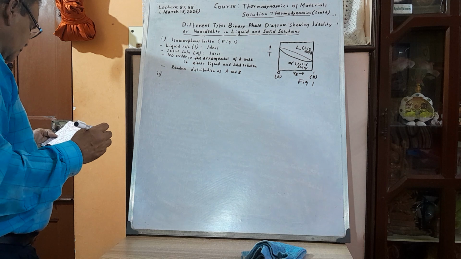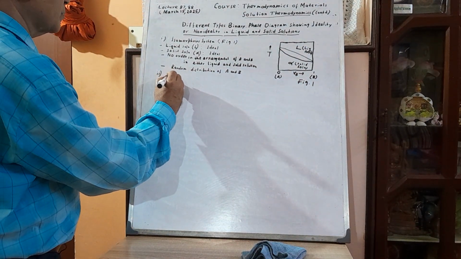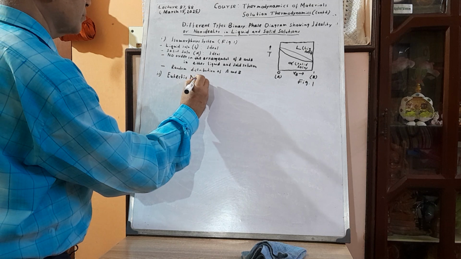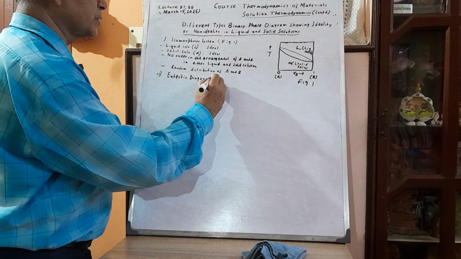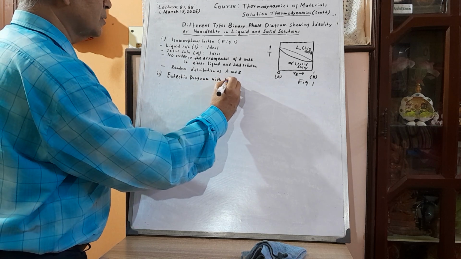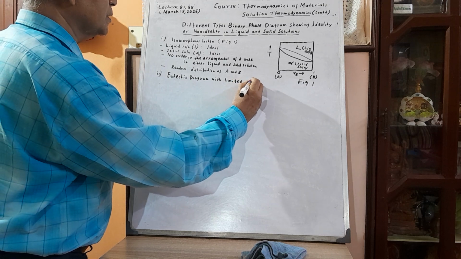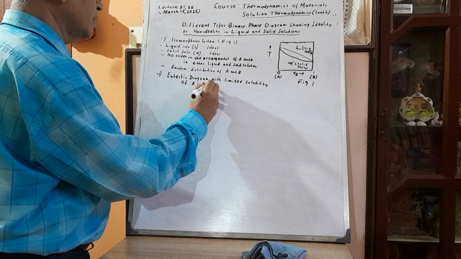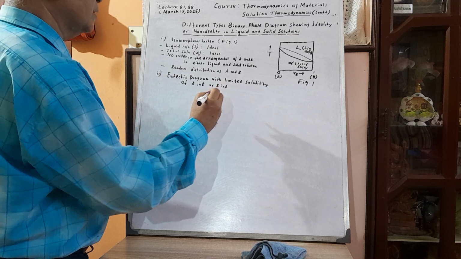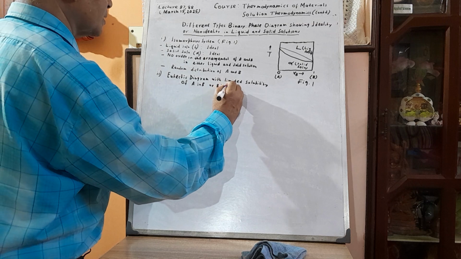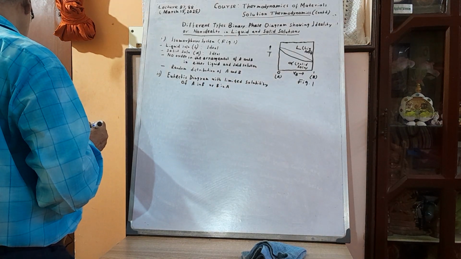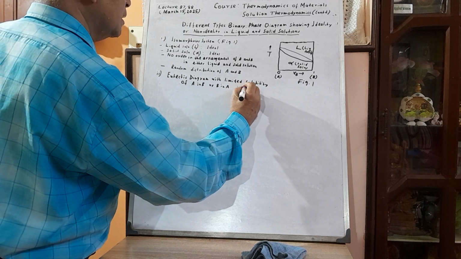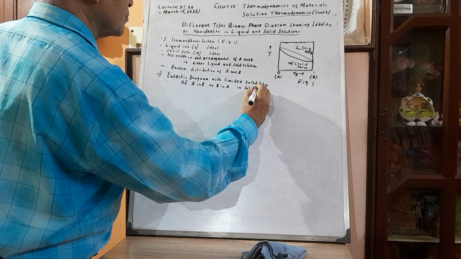Second is the eutectic diagram with limited solubilities, limited solubility of A in B or B in A, that is, solid solution of A in B and B in A in the solid state, in the solid phase.